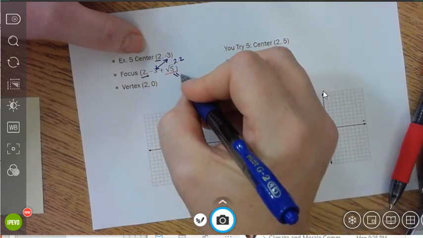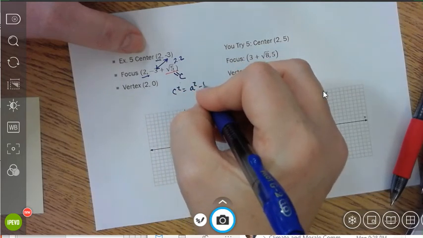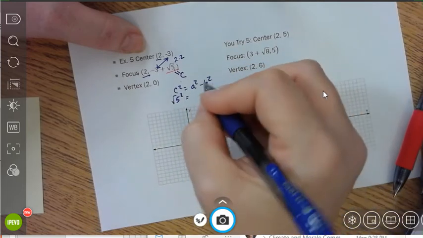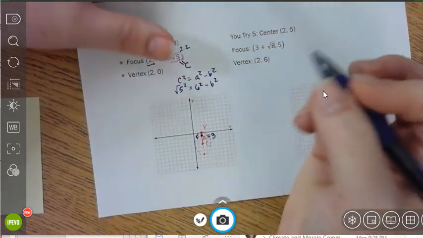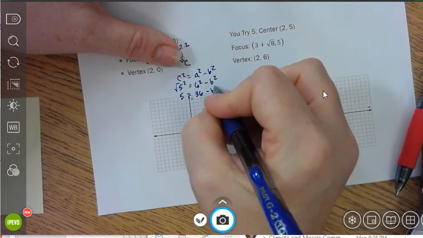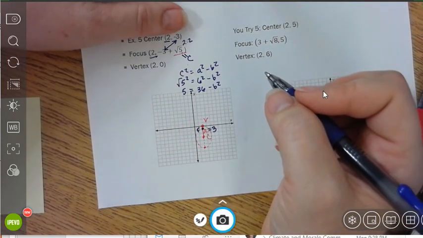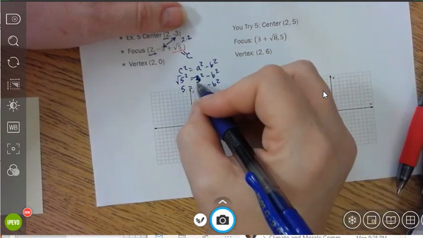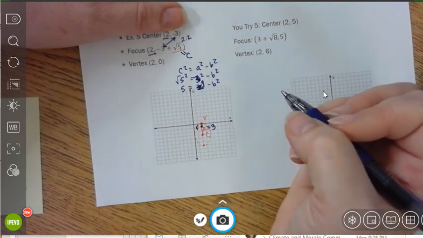So this is your C. So if I have C squared equals A squared minus B squared, I get square root of 5 squared equals A squared minus B squared. I would get 5 equals 36 minus B squared. Why did I do 6 squared? I just doubled it. 3 squared is 9. I was like, that is way too big. That's a 9. My bad.